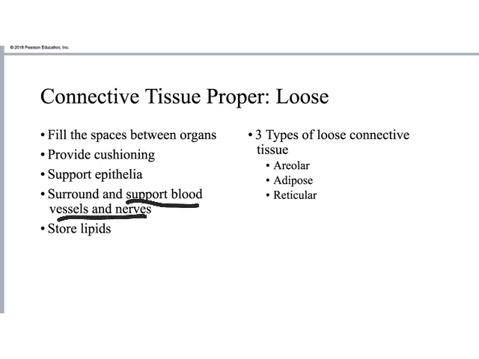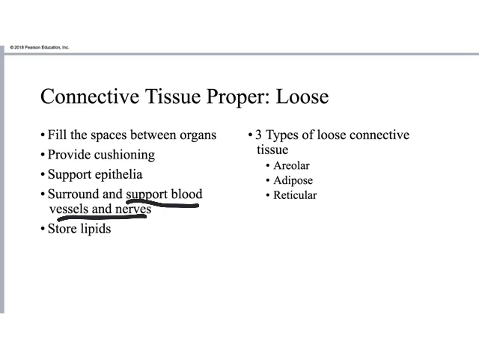So you think of every nerve pretty much has to come from your spinal cord to the rest of your body. And in order to get there, it has to travel through chest and abdomen and arms and legs and fingers and toes. And it has to have something to travel through.